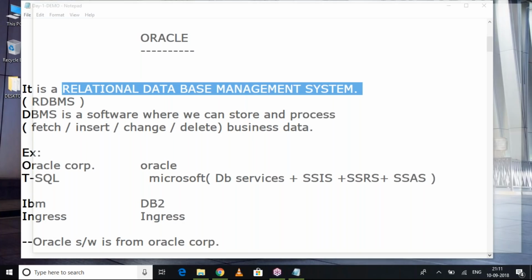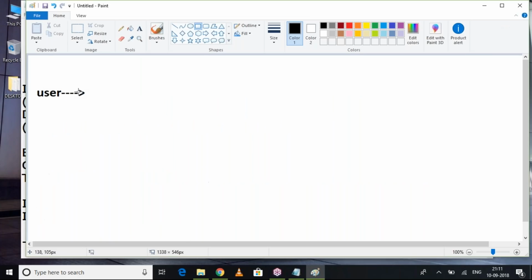In the diagram, I am a customer interacting with the web page. So what is the web page here?